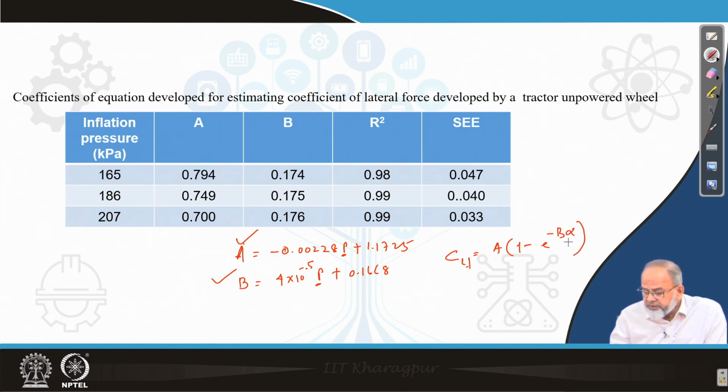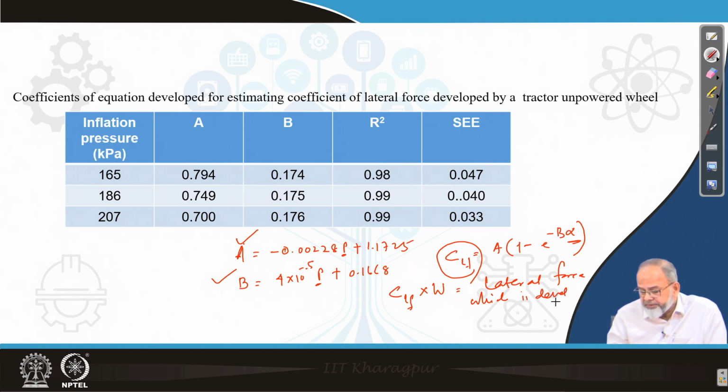And what is the slip angle? If you know, immediately you can calculate the value of CLF. Now we know what is the load acting on the wheel. So CLF into load will give you the lateral force which is developed at the contact patch.